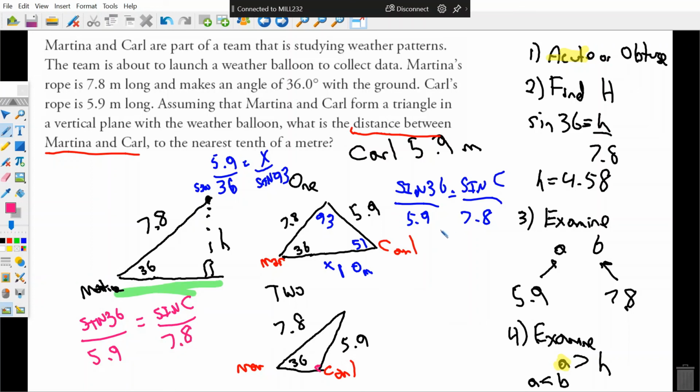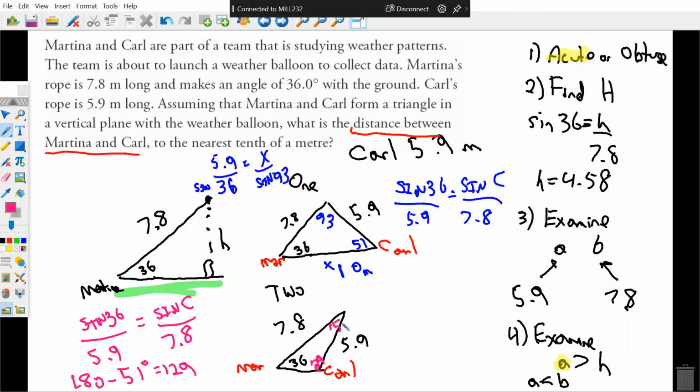Just like we did here, and we calculated it to be 51 degrees. But now we can tell from our angle that this is not 51 degrees. This has to be an obtuse angle, which is greater than 90. So I'm going to go 180 minus 51 is 129. So this angle right here is 129. If that's 129, 180 minus 129 minus 36 means that this angle up here is 15 degrees.